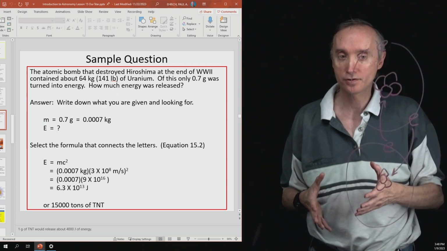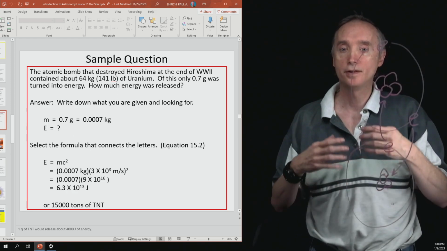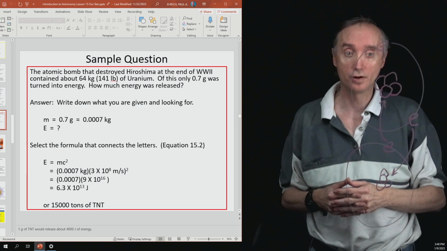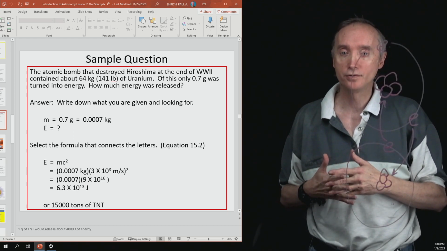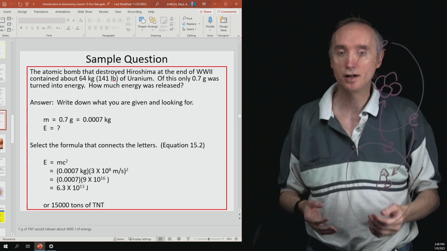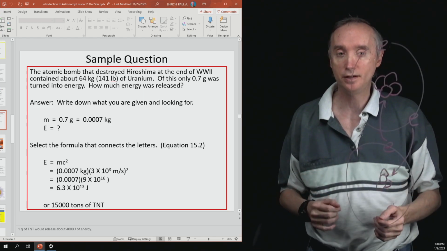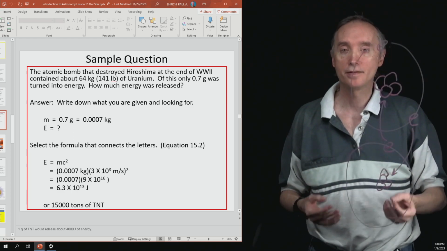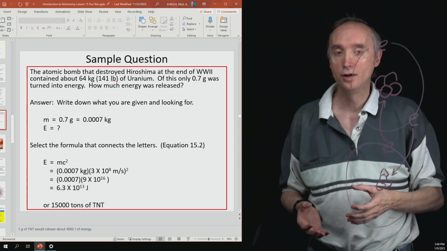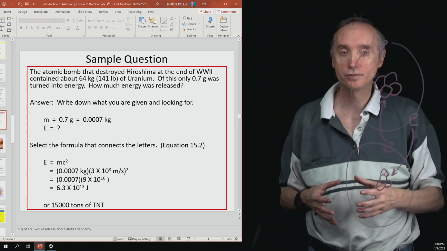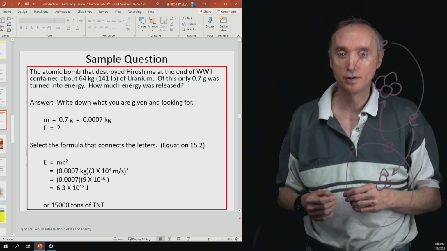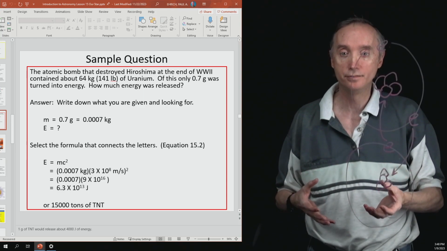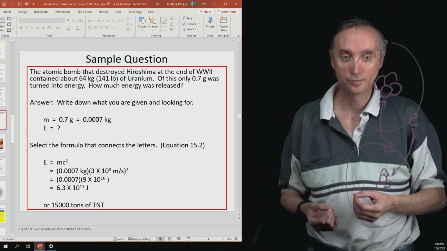The joule was the official metric unit of energy that was released when that bomb exploded. And that is equivalent to 15,000 tons of TNT exploding. So to give you an idea what that means, at the end of World War II, we were sending 1,000 B-29 bombers to Japan, and each one could drop about a ton of TNT.